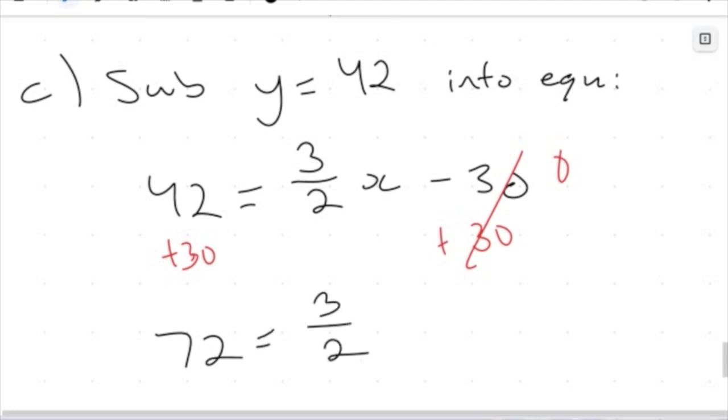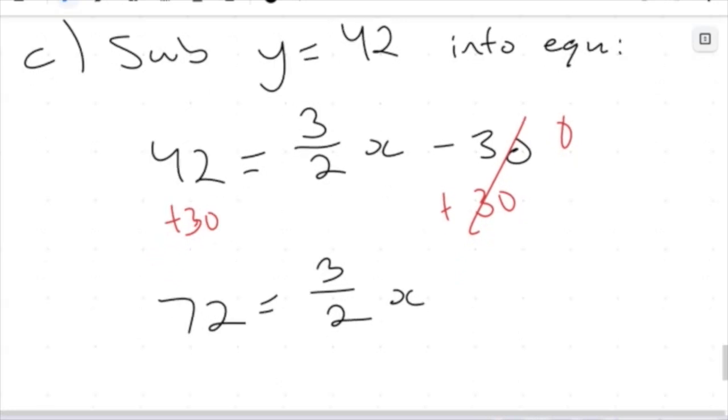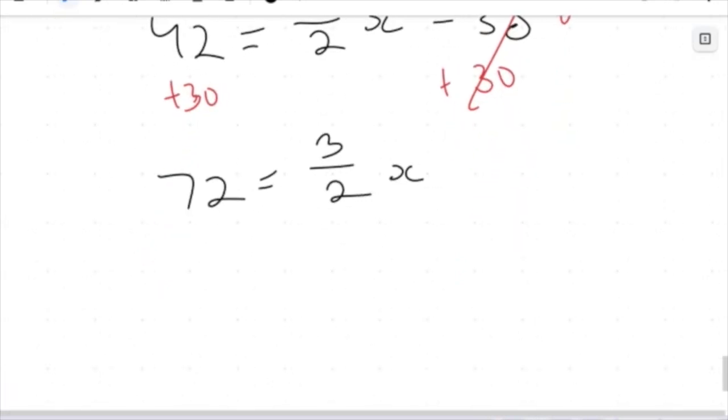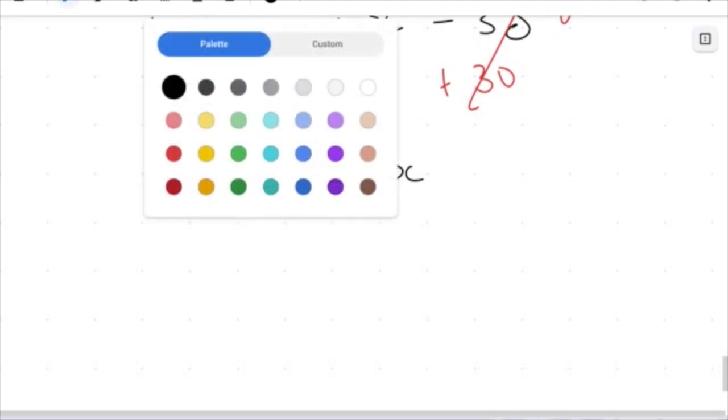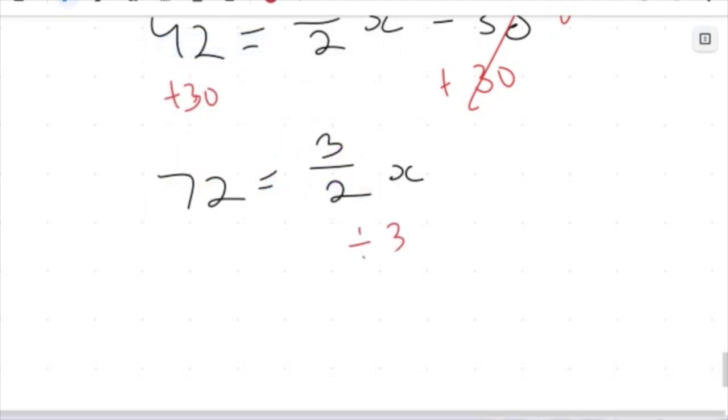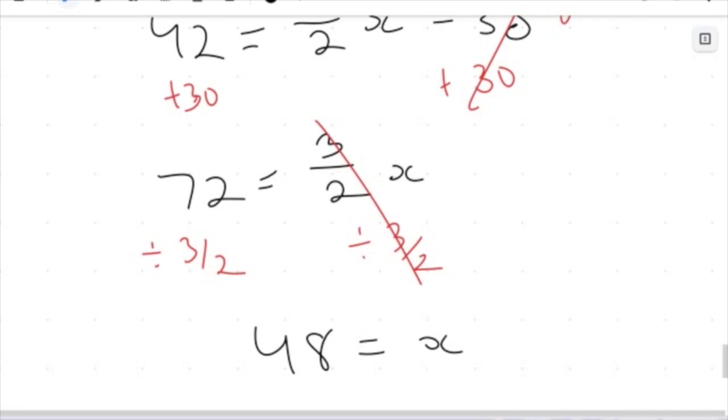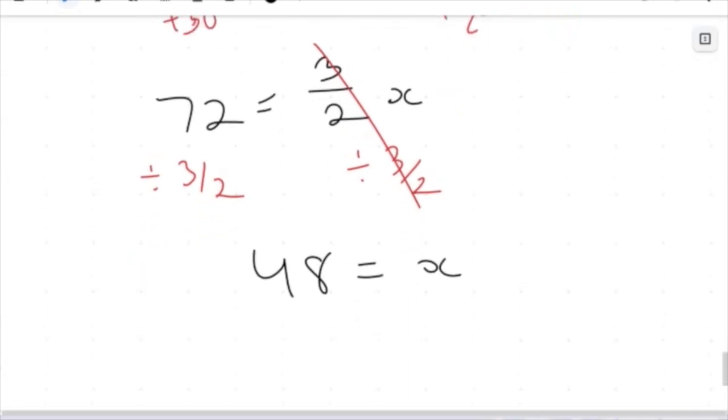So 3 over 2x. Okay, and then I can just divide both sides by 3 over 2 because these are multiplying on the right-hand side. I'm going to get left with x equaling 48. Cool. So this was done by substitution.